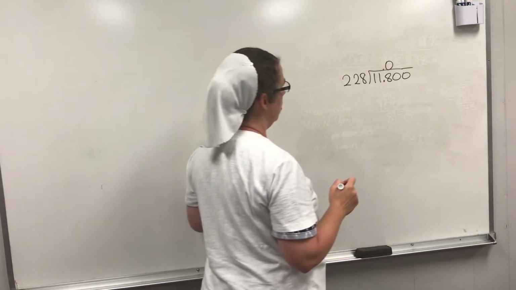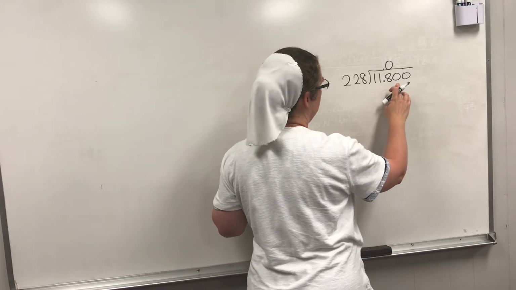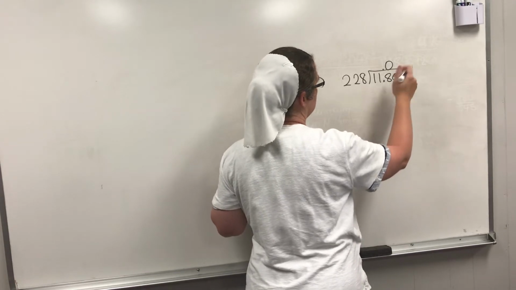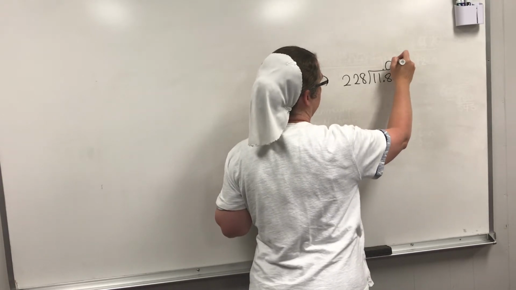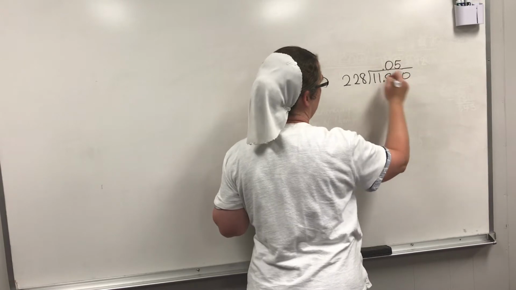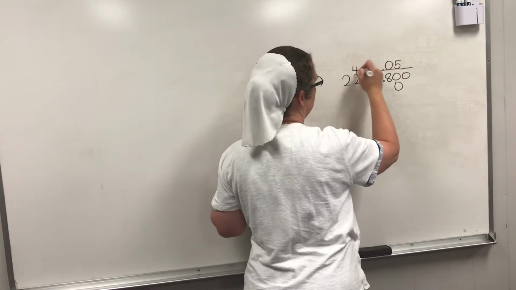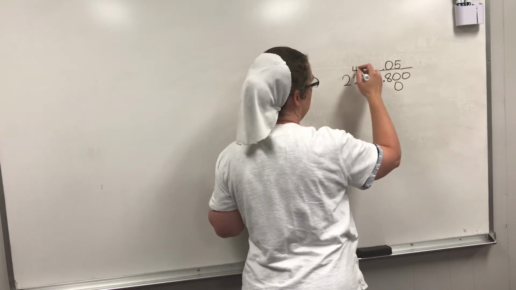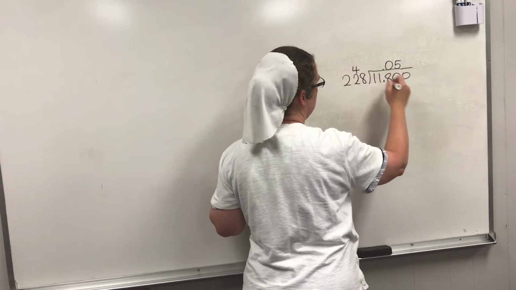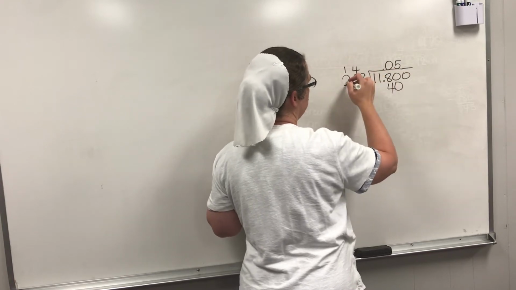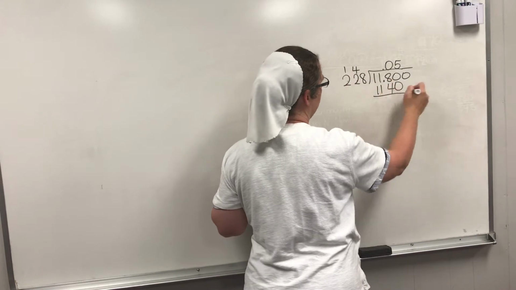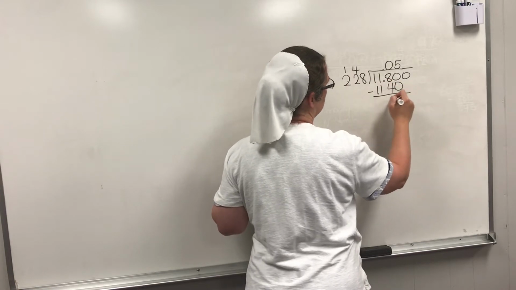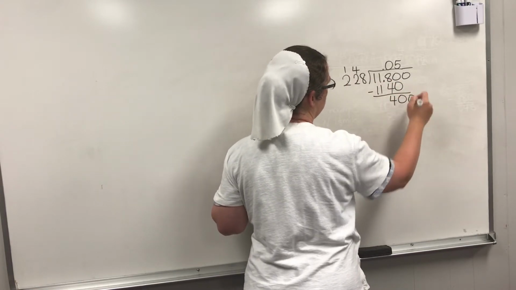We can go 228 into 1180, and let's try about 5 times. 5 times 8 is 40. 5 times 2 is 10, plus 4 is 14. 5 times 2 is 10, plus 1 is 11. And we will subtract, drop your 0.